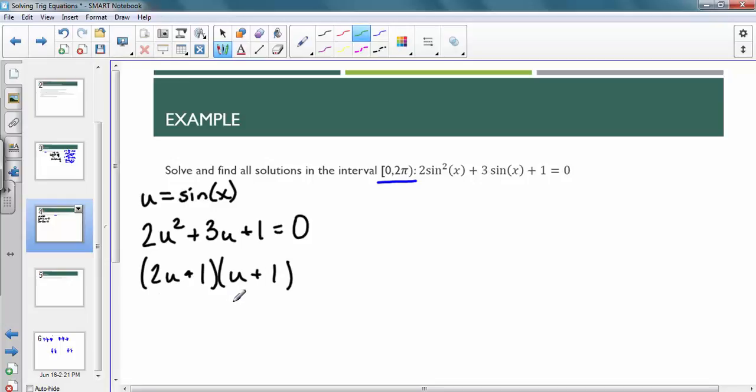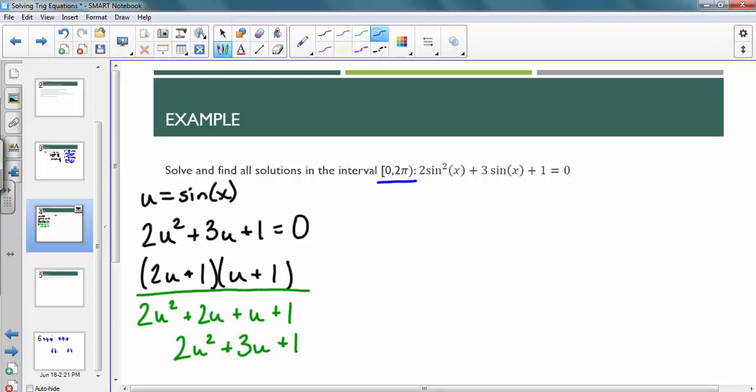Just double checking my work, if I were to FOIL this back out, my first term plus my outer term, my inner term, and my last term, I do in fact get the same thing I had above. So this is the correct factoring.